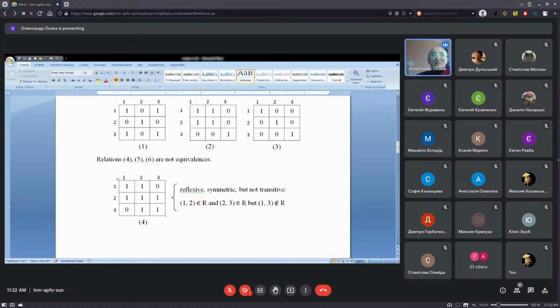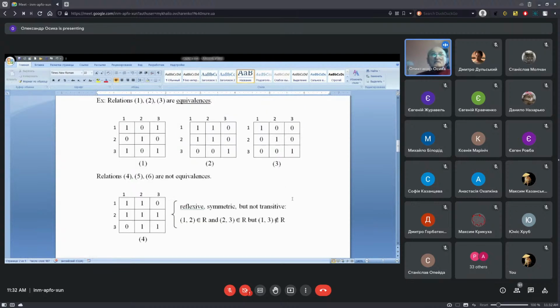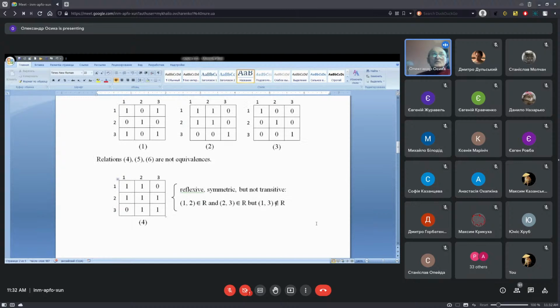So these pairs are in the relation, but for relation R to be transitive, 1 should be in relation R to 3, but from 1 to 3 here is 0. That's why not transitive. We found one case that contradicts the definition of transitivity, and the whole relation becomes not equivalent.